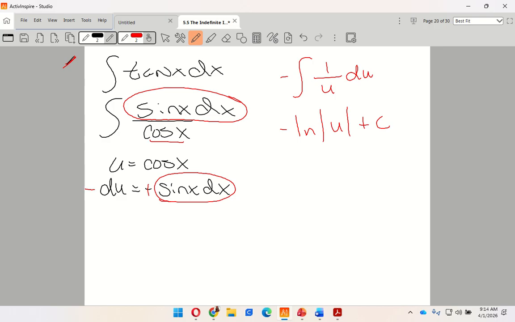So now I can change this so I can say negative ln of absolute value of cosine x plus c. Now, along with that, I can also rewrite that answer. So that answer is correct. Can I change anything with that negative? There's a rule with this. What do I do with that negative? Where can I move it?